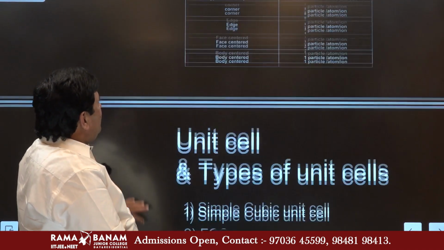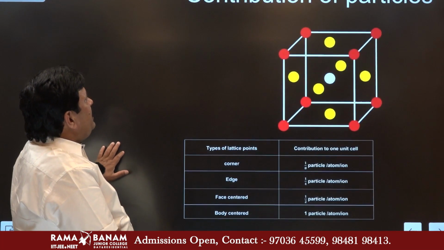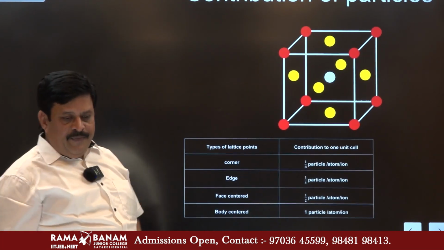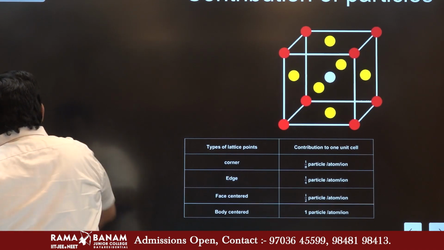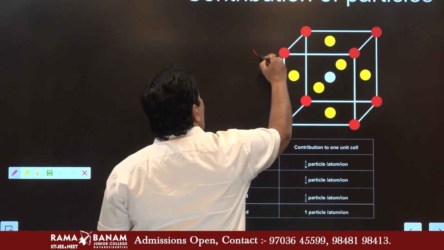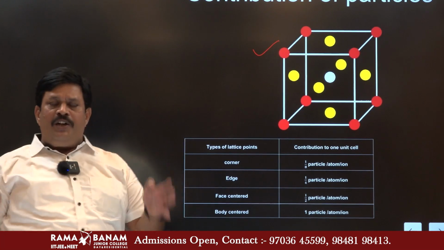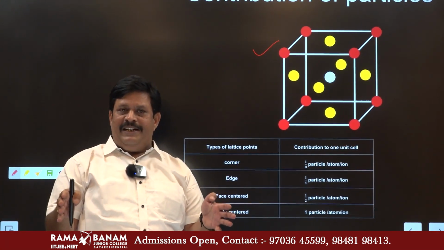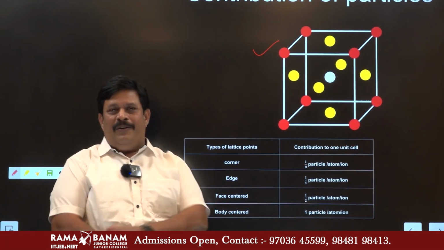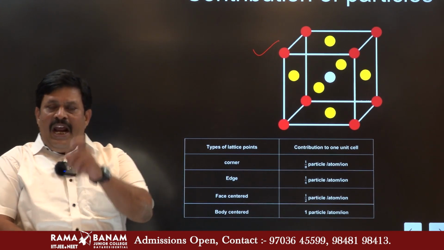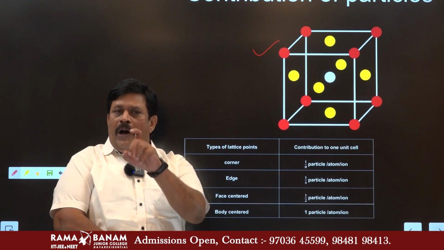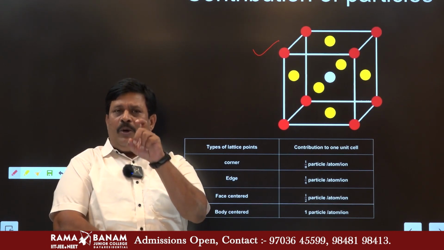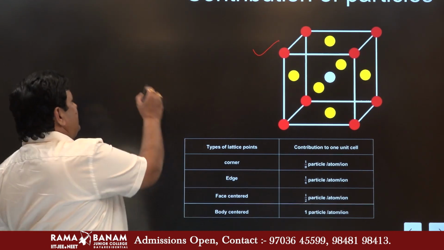Before types of unit cells, now we will see the contribution of the particle. See students, here the particle is present at body corner. Is this body corner particle confined to one and only one unit cell? No. In an ionic crystal or in an ionic solid, the body corner particle is shared by a total of 8 unit cells.